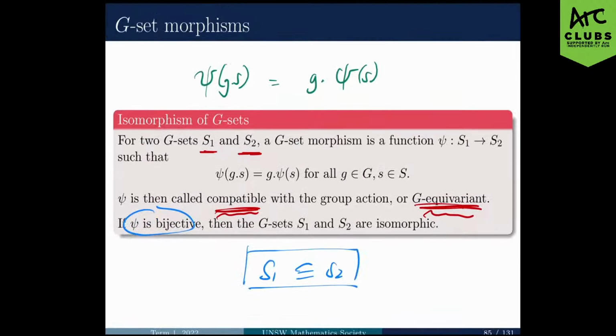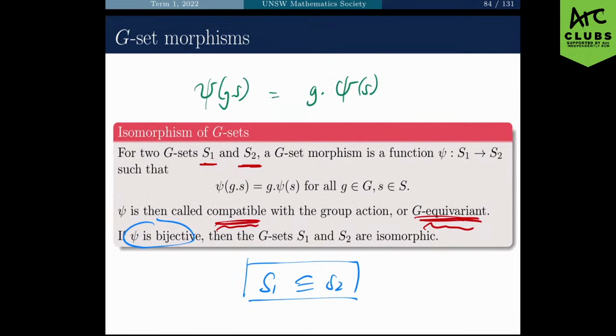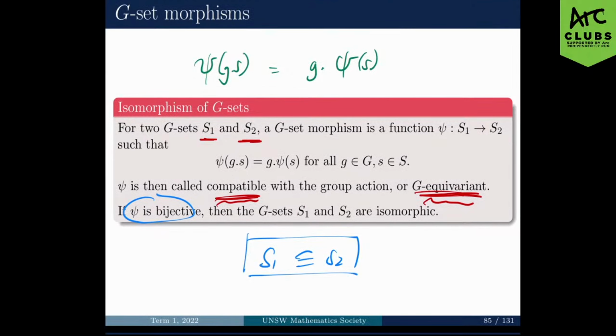But now we're looking at G-set morphisms. So going back to what I did before, I'll just go over it just because of the technical difficulties. The G-set morphisms, what we've got basically is that you have a morphism between two G-sets, and you need this condition that phi of G dot S, so you can take G out of the morphism, is equal to G dot phi of S. And if that's true, then basically phi is called compatible with the group action, or G-equivariant.